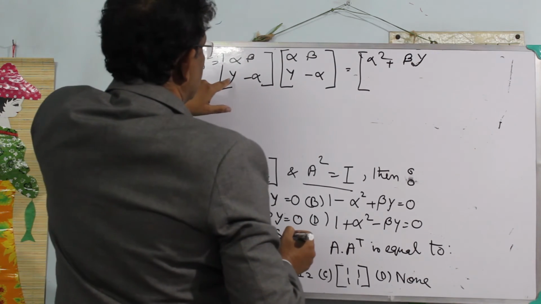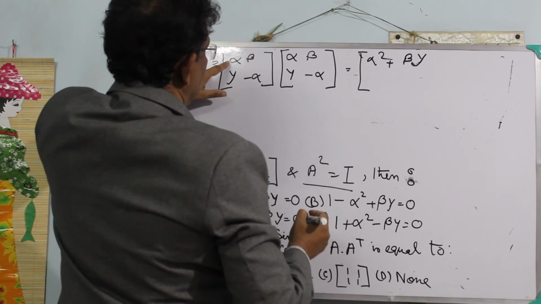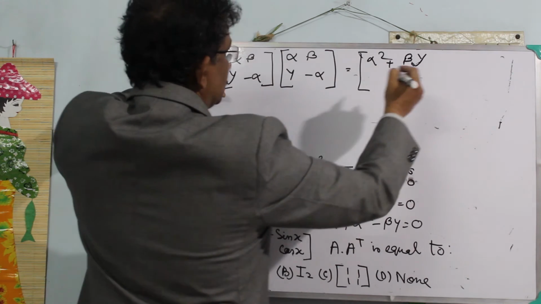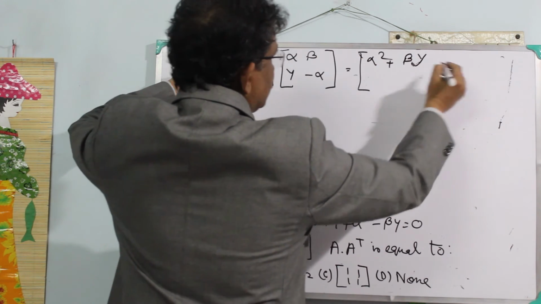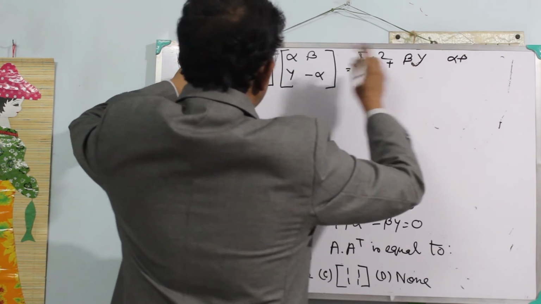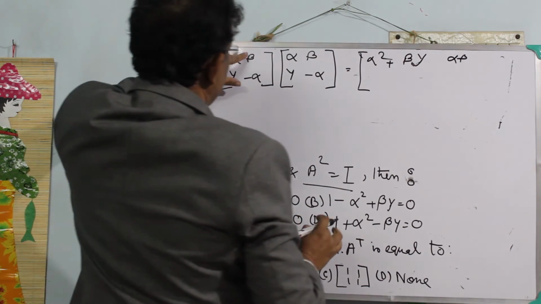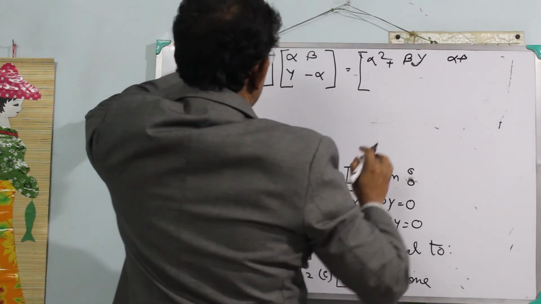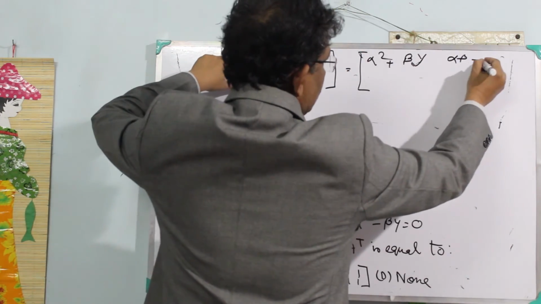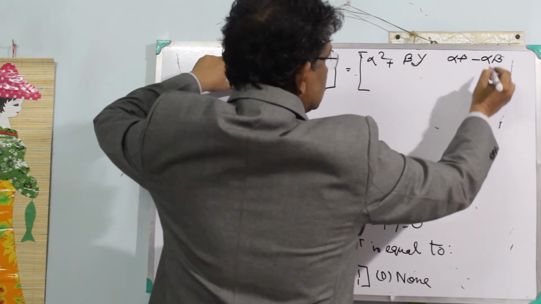Then the second, alpha into beta, minus alpha into beta.